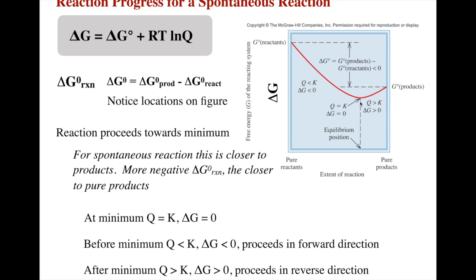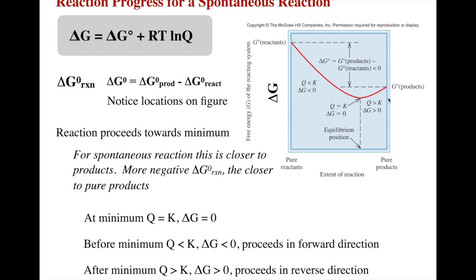But in this situation, we would achieve an equilibrium. Where this minimum occurs from one reaction to another, it could be to the left or right of this. And so if the reaction is very, very spontaneous, Q could be so large that the minimum is basically pure products.